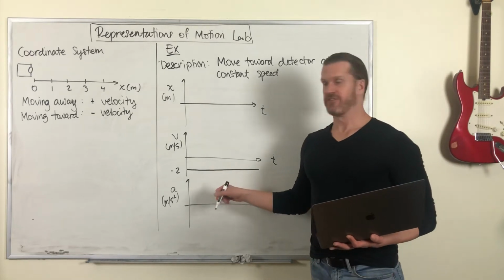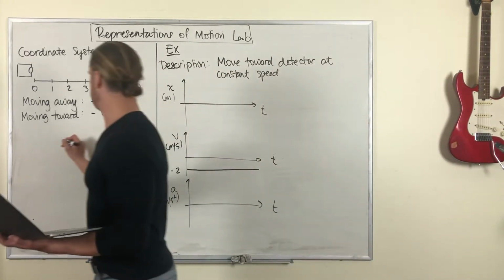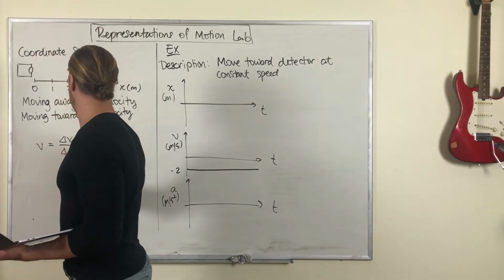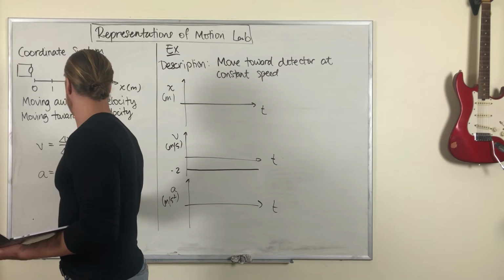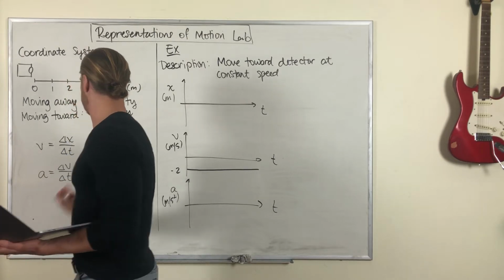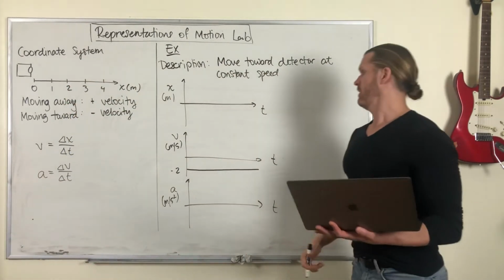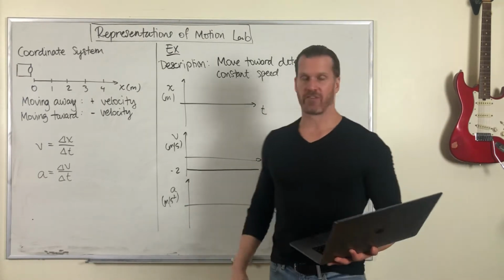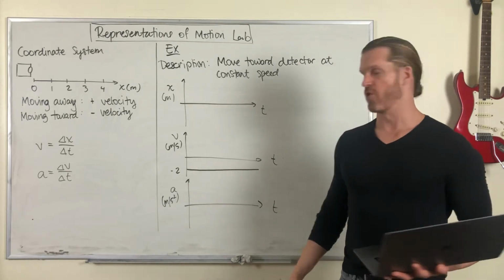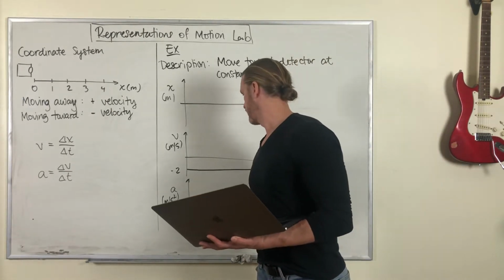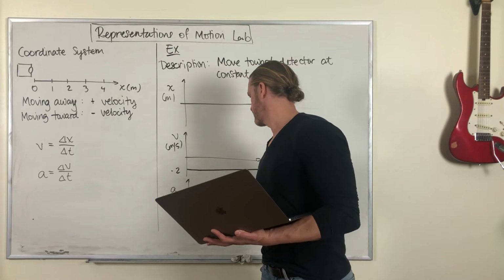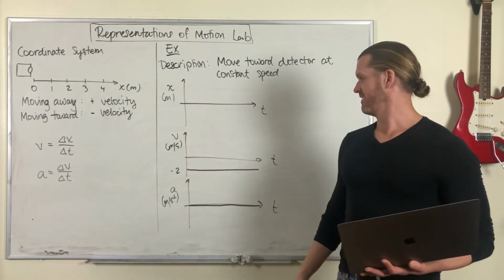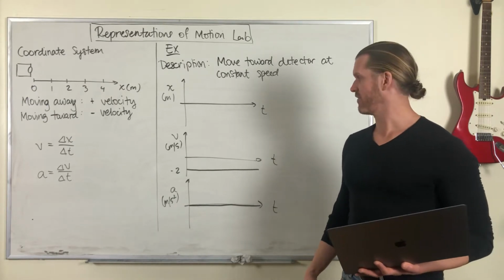Now from our definition of acceleration, let me remind you of these definitions. Velocity is defined as change in position over time, and acceleration is change in velocity over time. So if we have a constant velocity that's not changing, that means that acceleration is 0. So for this example, we would have 0 acceleration. It would just be on the horizontal axis the whole time at 0.